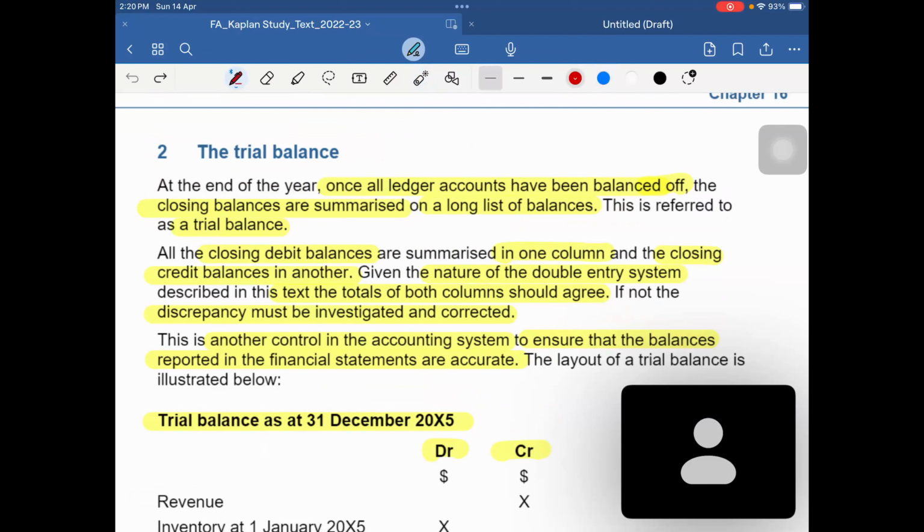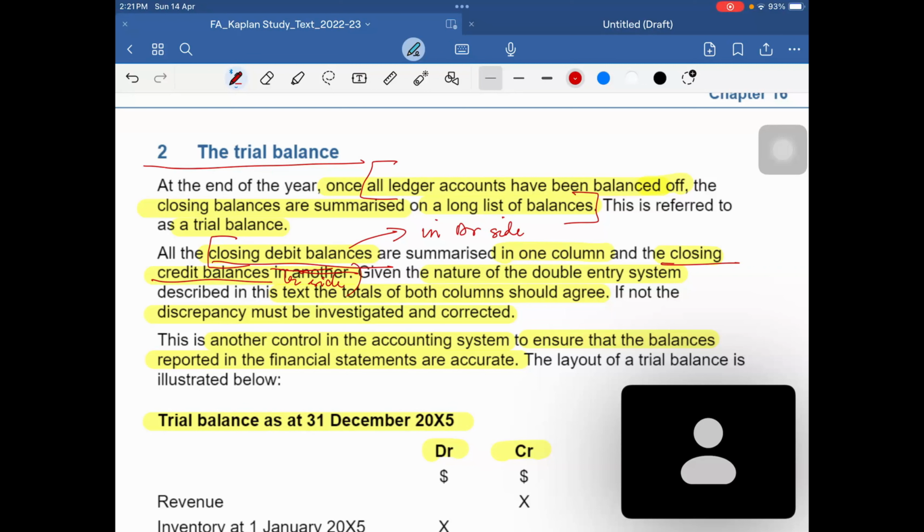Then write closing debit balances in the debit side and closing credit balances in the credit side. That's how we are going to write.